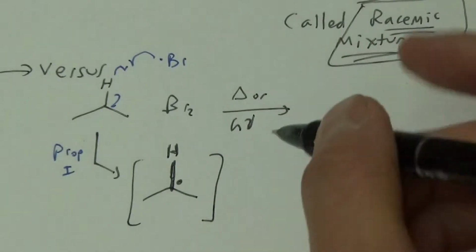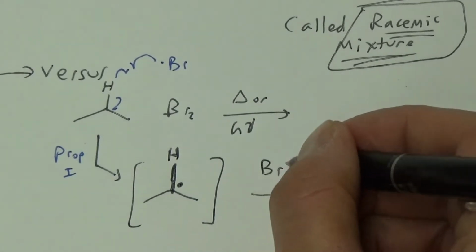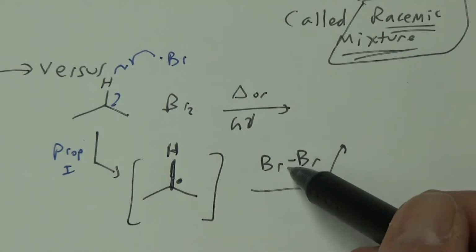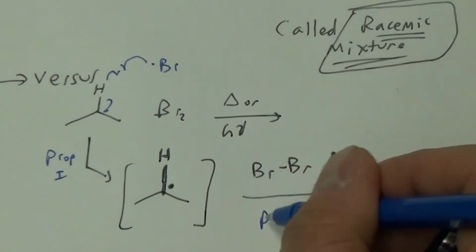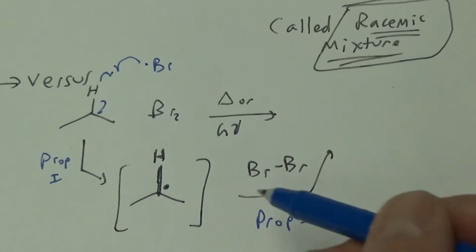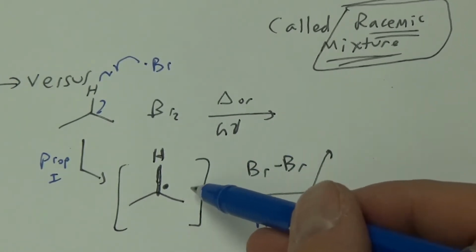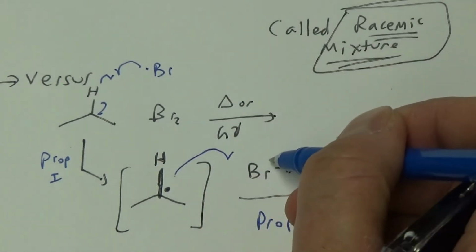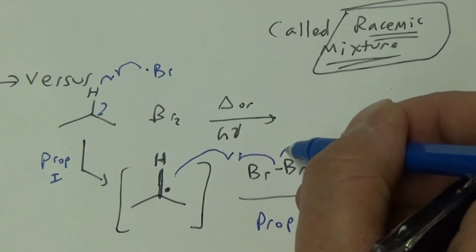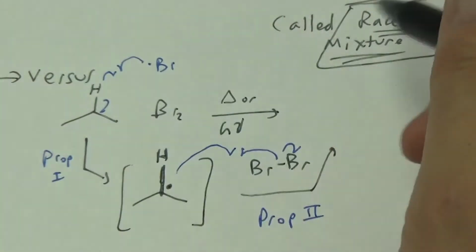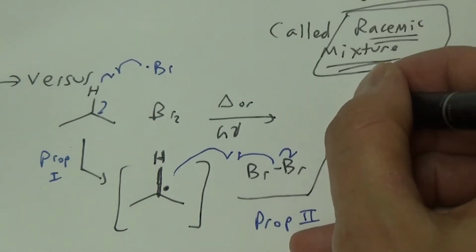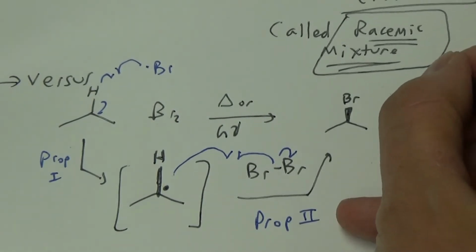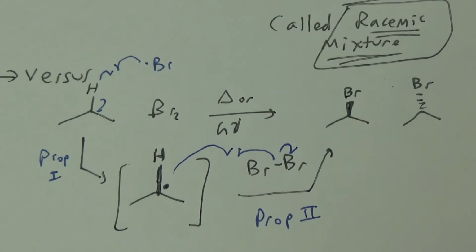But this then could now react with a Br, with the radical either attacking from the front or the back. And the Br would either come to the front of us or to the back of us, right? And you could say that it would give you two different products, where the Br is to the front of us or where the Br is to the back of us, right? Going towards us or going away from us.